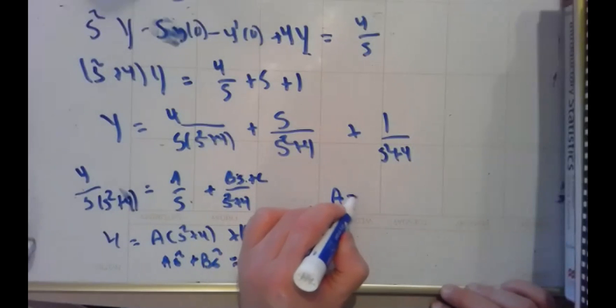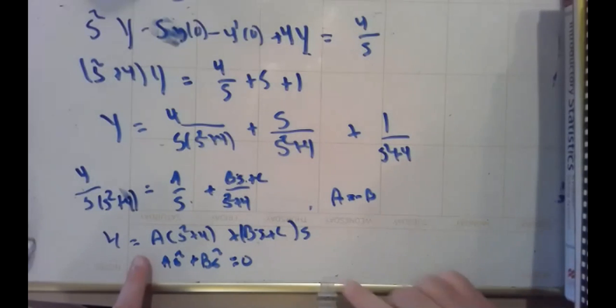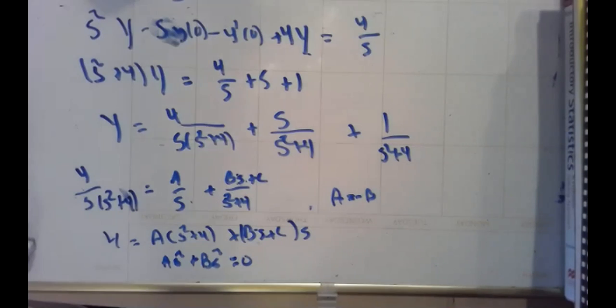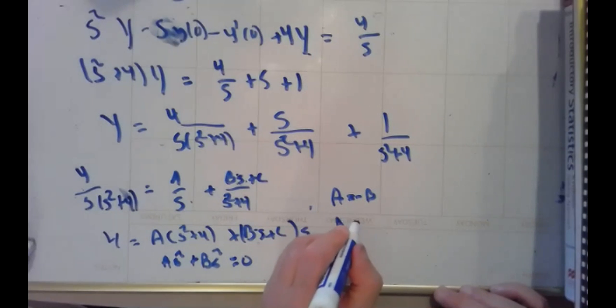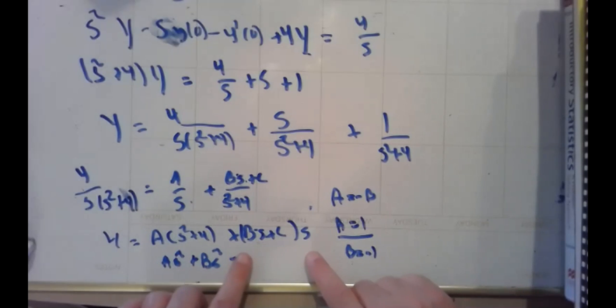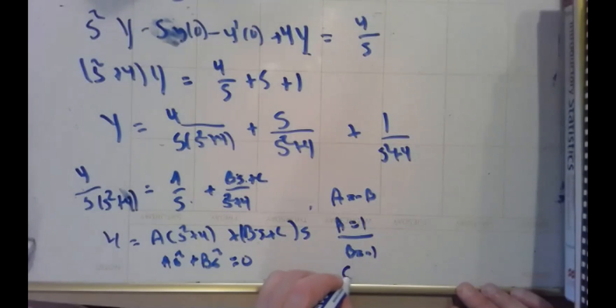So A is negative B. My constant term, A times 4, must equal 4. So A must equal 1, meaning B equals negative 1. And then my s term, I'm going to have a C times s must equal 0, because there's no s term over here, so C equals 0.